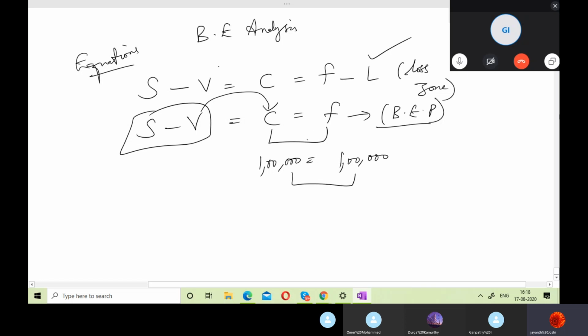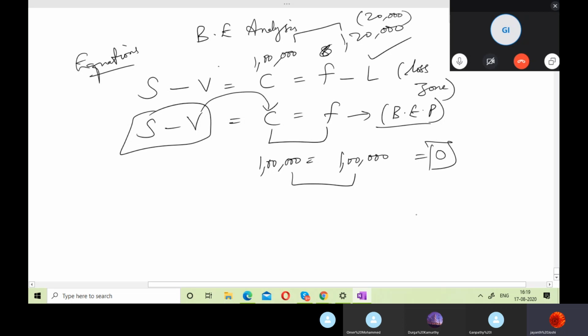It is break even point because 1 lakh minus 1 lakh is 0, and 0 is no profit, no loss. And if my contribution is 1 lakh and my fixed cost is somewhere around 1,20,000, then I'm in losses. So 20,000 is a loss amount for me.